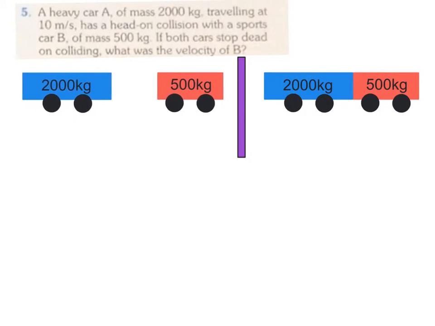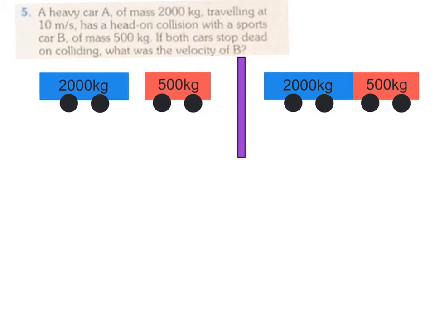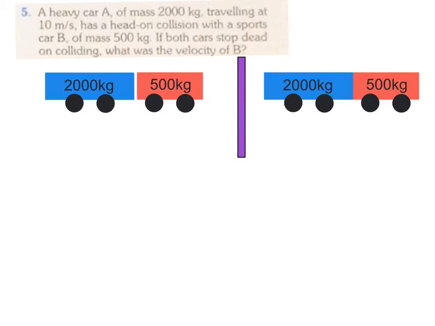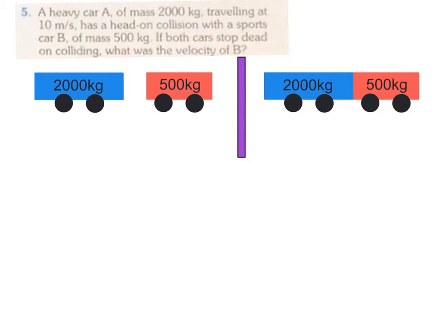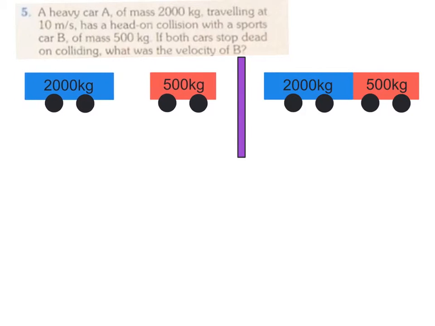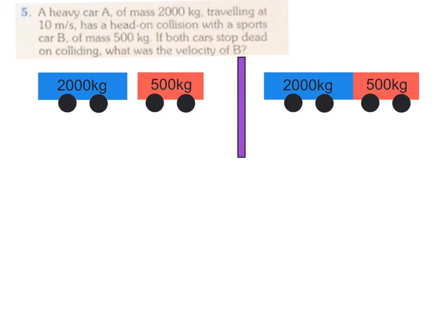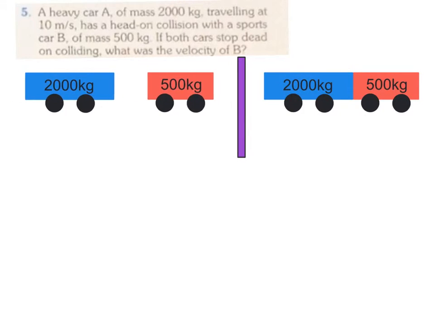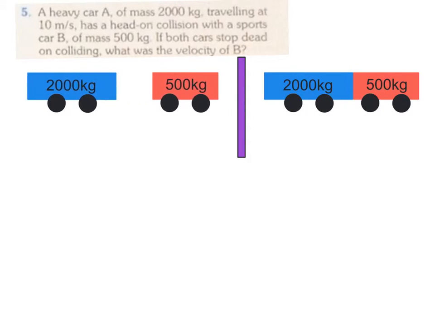What they must have here is equal and opposite momentum, because that's the only thing that will give us a final momentum of nothing. Because if both objects are stopped, the final momentum must have been nothing. And that means the sum of the initial values of momentum must also have been nothing.